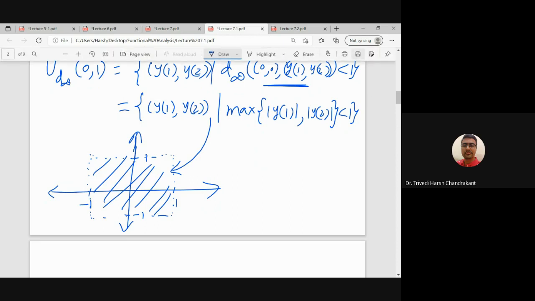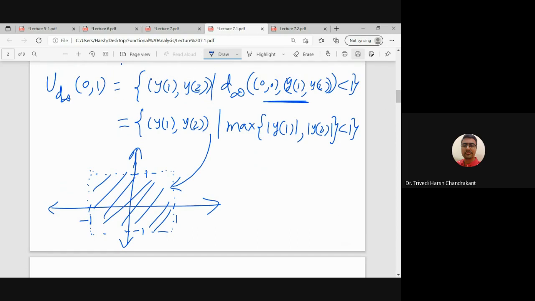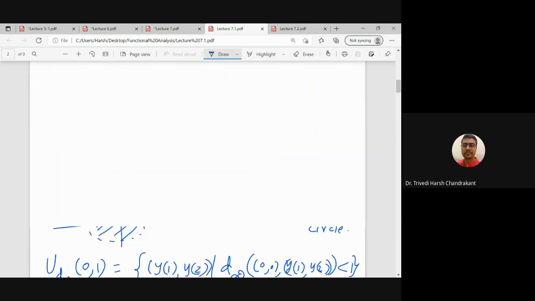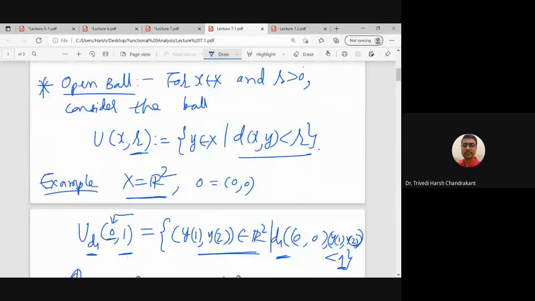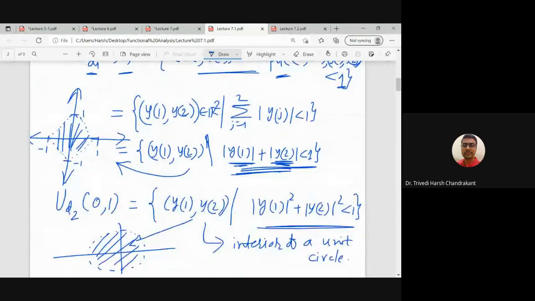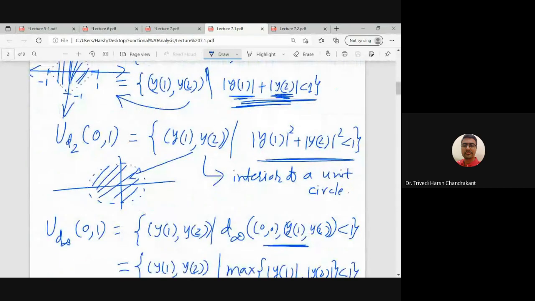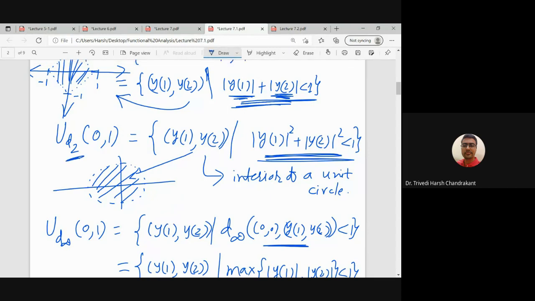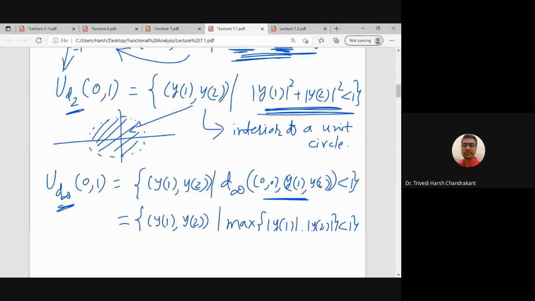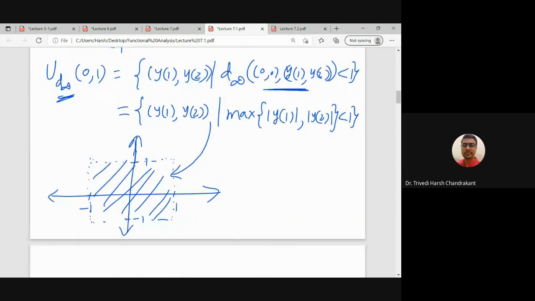Right? So depending on what is your metric, this ball is known as open unit ball, right? That is what we call in usual Euclidean metric. This is an open unit ball with respect to Euclidean metric. But the same thing here, for the open unit ball with respect to D infinity metric, has this shape, right?